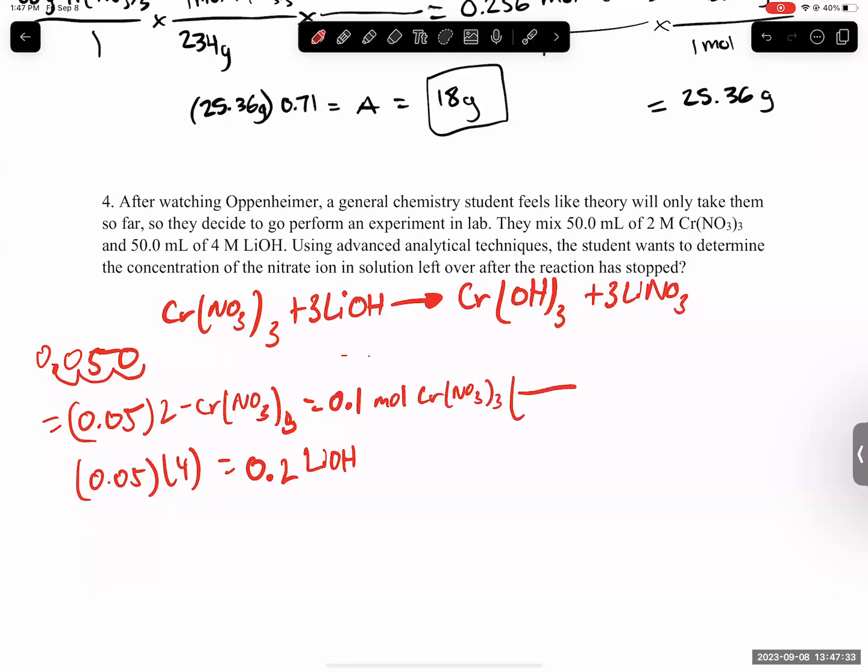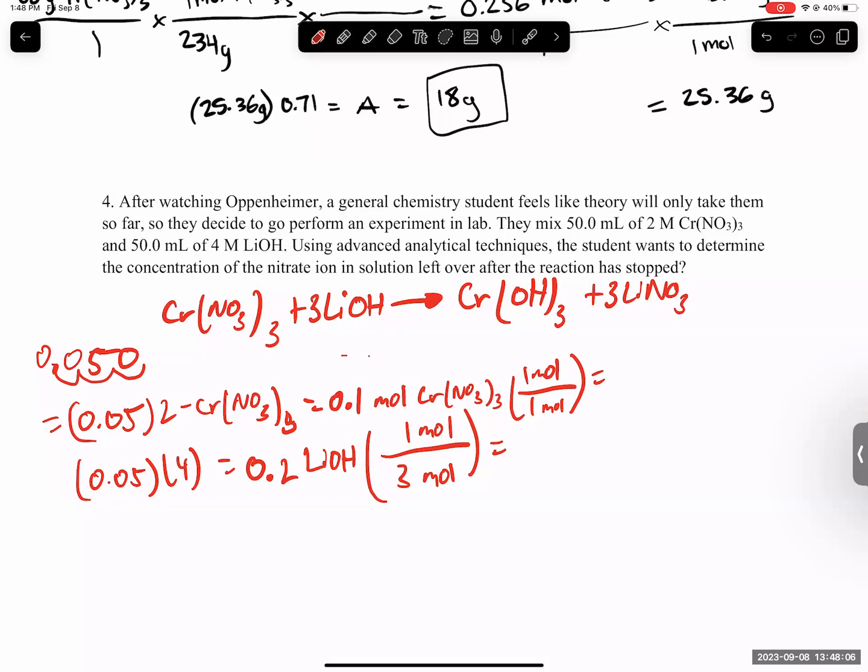So for every 1 mole of chromium nitrate, we have 1 mole of chromium hydroxide. So that's cool. Then for every 3 moles here, we have 1 mole. All right. So that being said, what is our limiting reactant? Lithium hydroxide is indeed our limiting reactant.